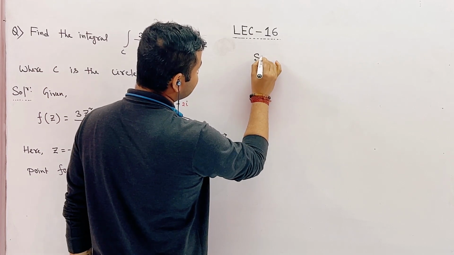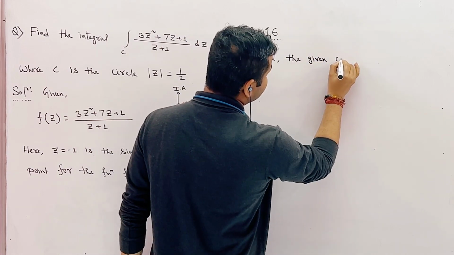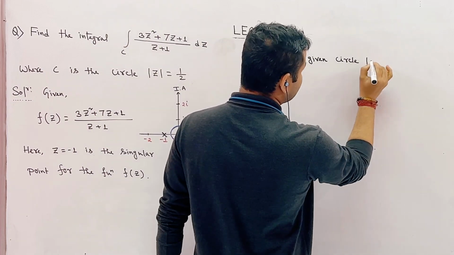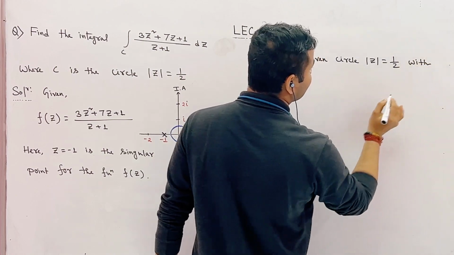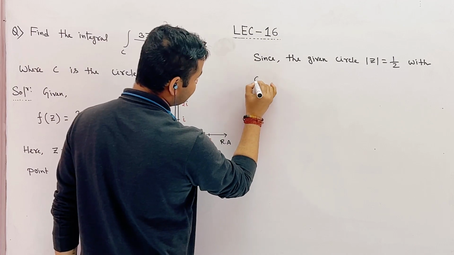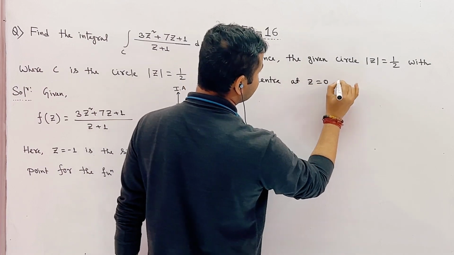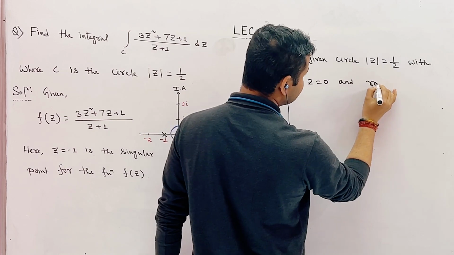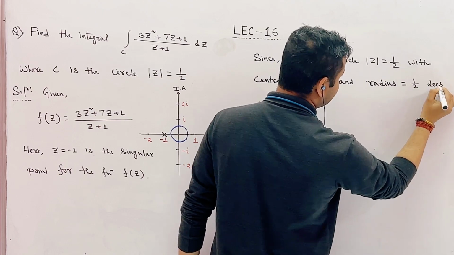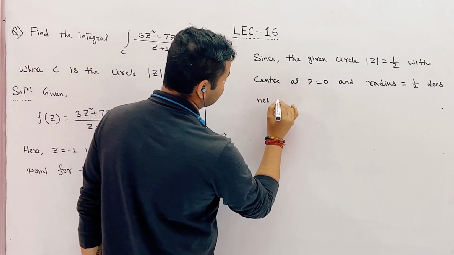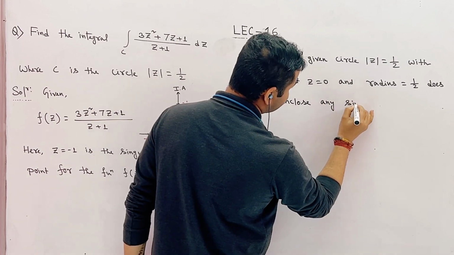Since the given circle modulus of z is equal to half with center at z equal to 0 and radius equal to half does not enclose any singular point.